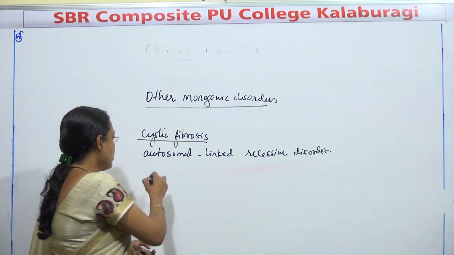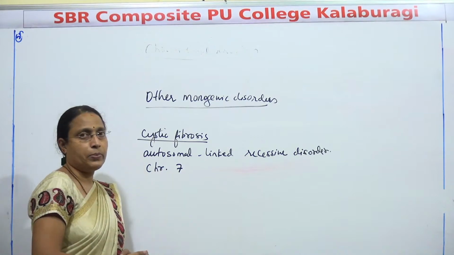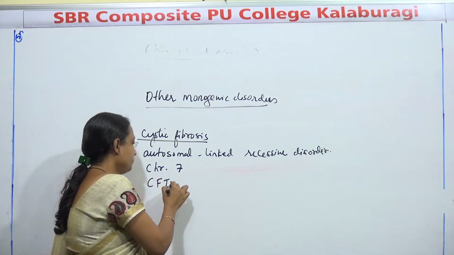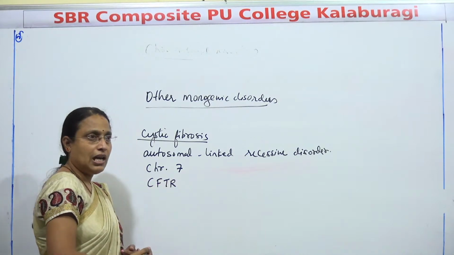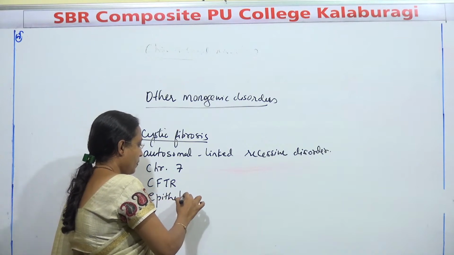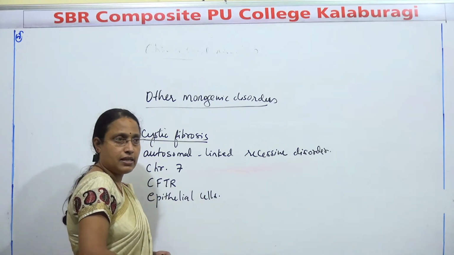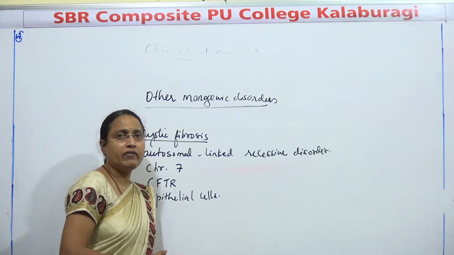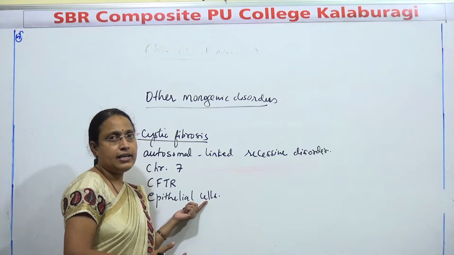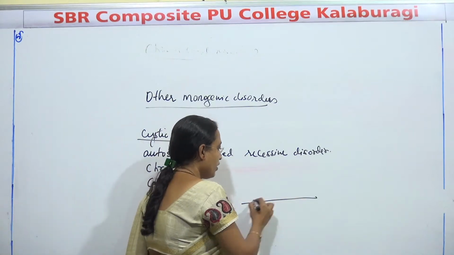Now, the gene lies in chromosome 7. And the gene that gets defective is the CFTR gene. It basically affects epithelial cells. Wherever there is an epithelial lining, that system can get affected. And you know that epithelial cells have a covering of mucus.